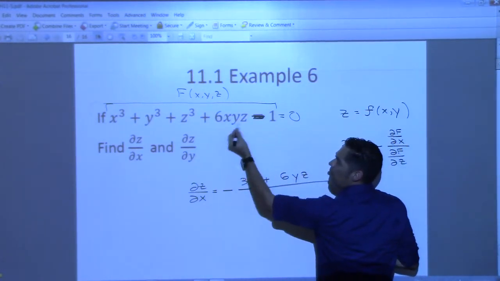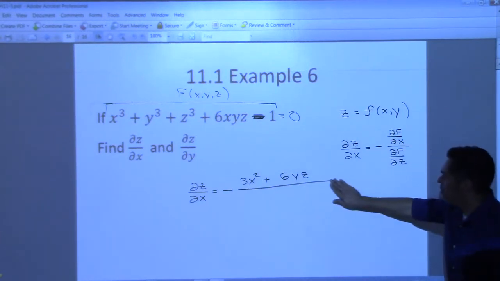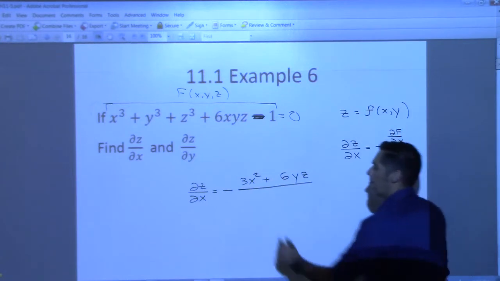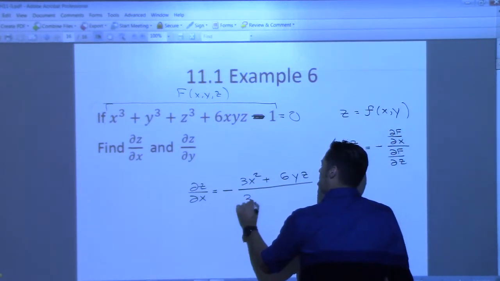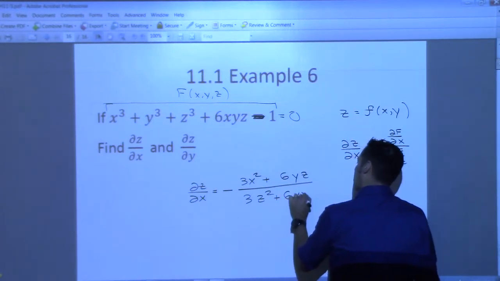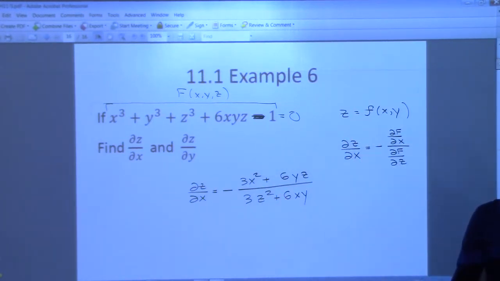Because x is the variable, everything else is held as a constant. So that is the top. And now what about the bottom? The partial of F with respect to z. So now we treat z like the variable and treat everything else like a constant. So what would we have there? 3z squared, and that's it? Plus 6xy. Wasn't that nice and clean and easy? Do you agree with that? Okay.